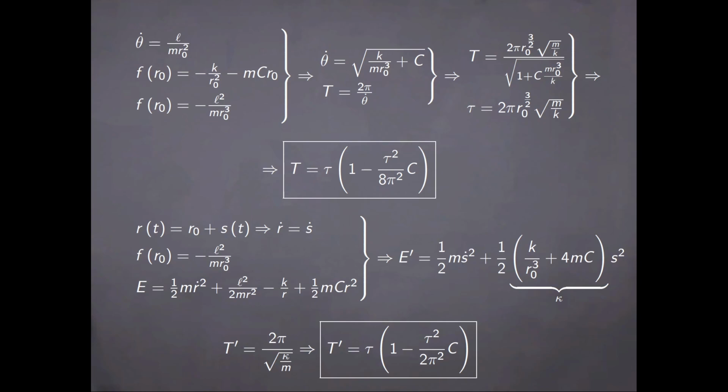Now let us consider the case of small oscillations about circular motion, and we will use the method that has been exemplified in the previous calculations for the motion on a paraboloid or motion in the Yukawa field.